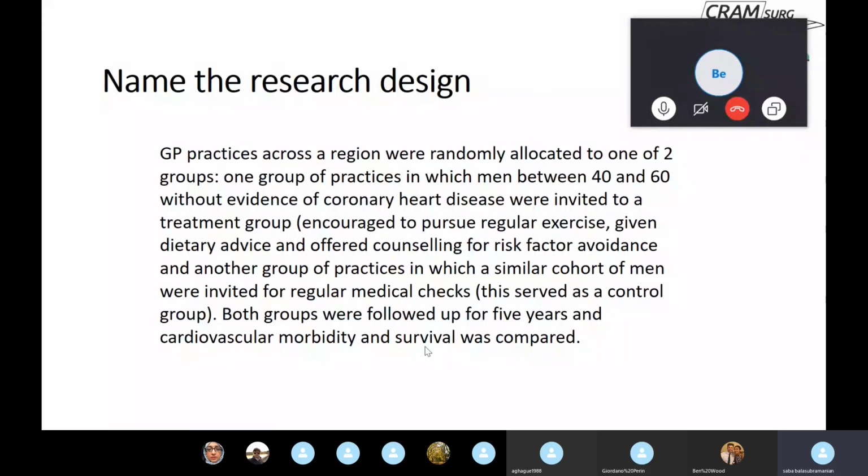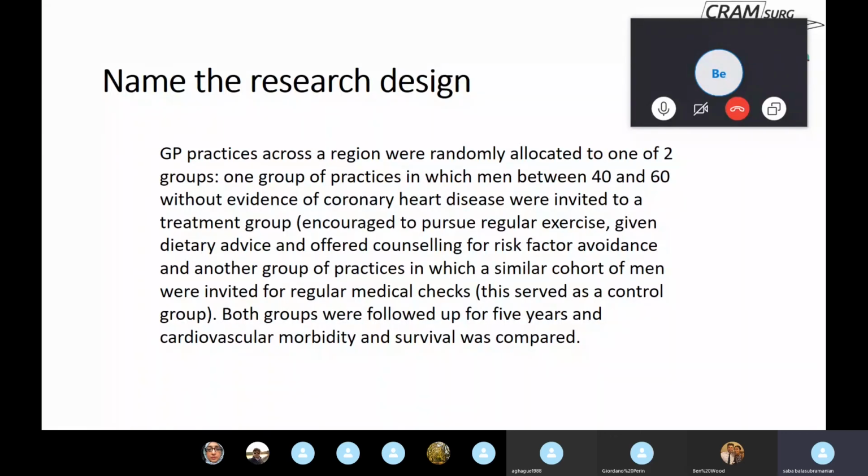So here you've got the phrase random allocation or randomization. These phrases are giveaways: if you have such a phrase, then it means it is a randomized control trial.